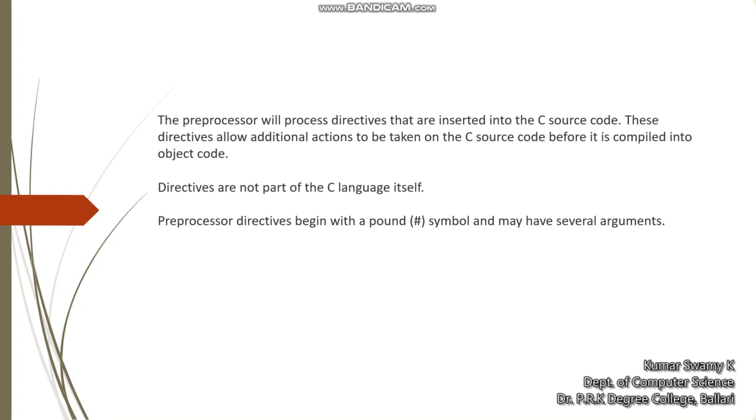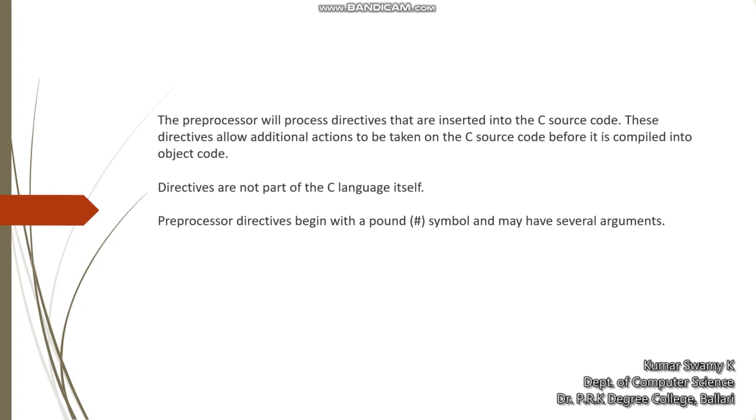Now let us discuss what the advantages of the preprocessor in the C language are. The first advantage is that it improves the readability of the C program. The next advantage is that it makes the C program easy to maintain.